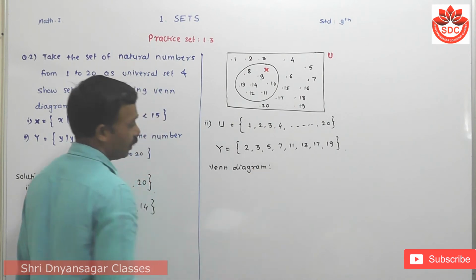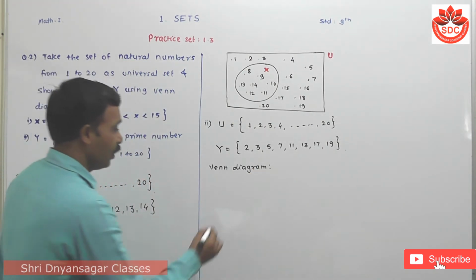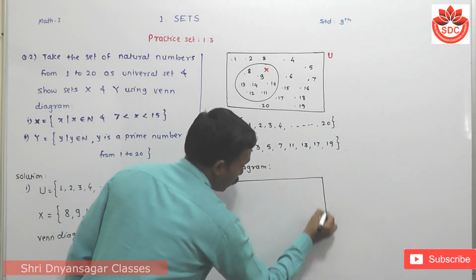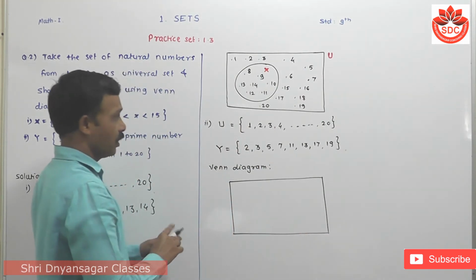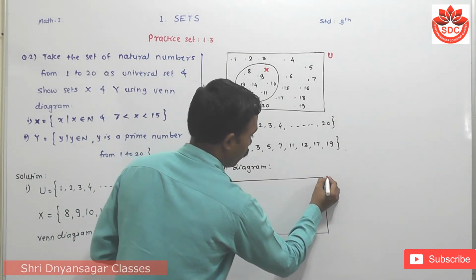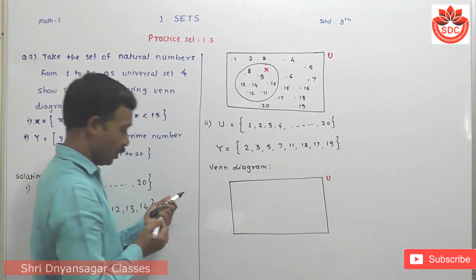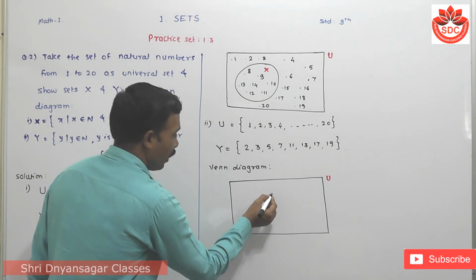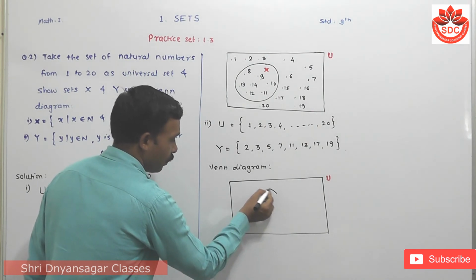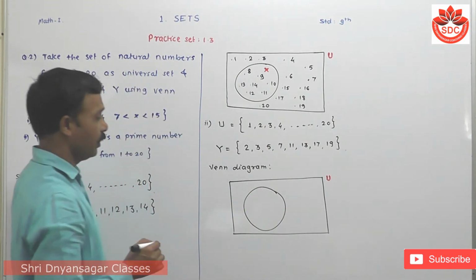So a simple question like this can be asked in your examination. For this, the universal set is represented in a rectangle. Suppose that this is set U. Then we take a circle, rectangle or triangle, any one of these.